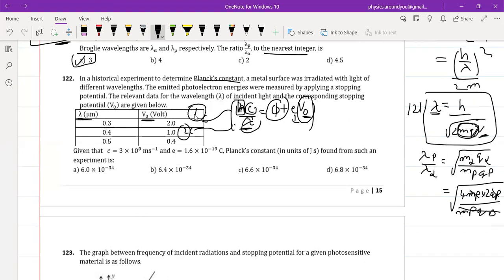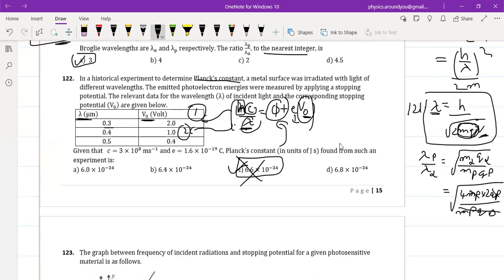Laborious. Only if you're confident that you will get the correct answer, you can go for it, right? And do not assume that you will get this as the correct answer. No, that might be a trap set by the examiner. Only that value which you get by subtracting and solving, that will be the correct answer for this. Though the exact value of Planck's constant is 6.6 into 10 power minus 34, you should not take this because you have to determine it from whatever values you have measured from the experiment.